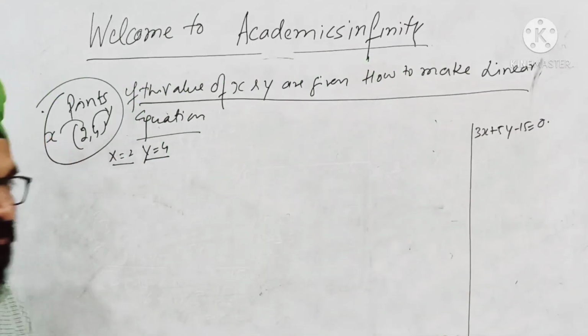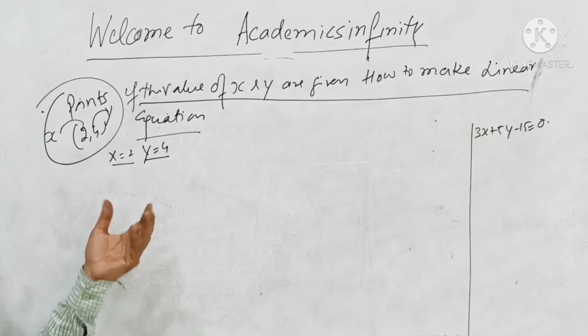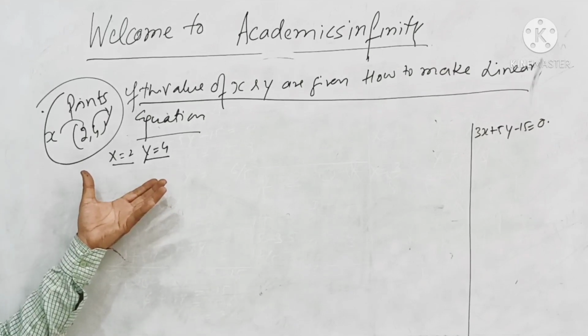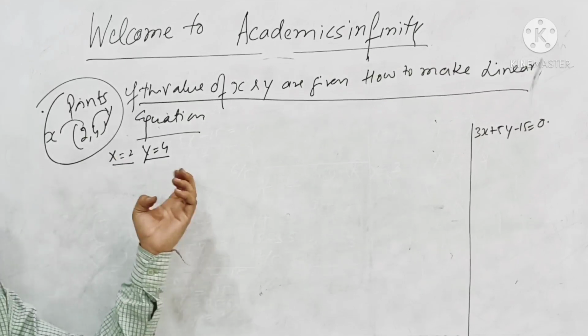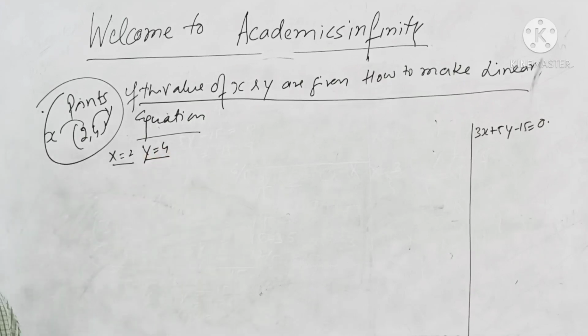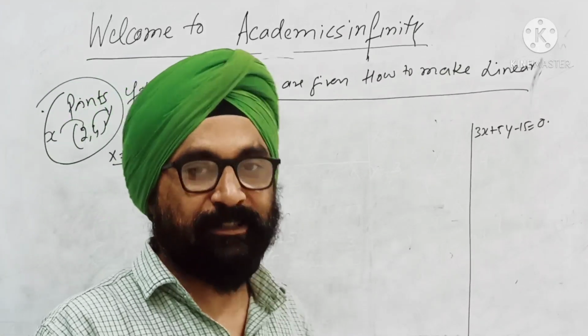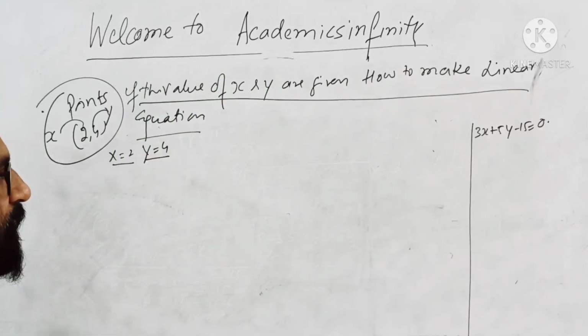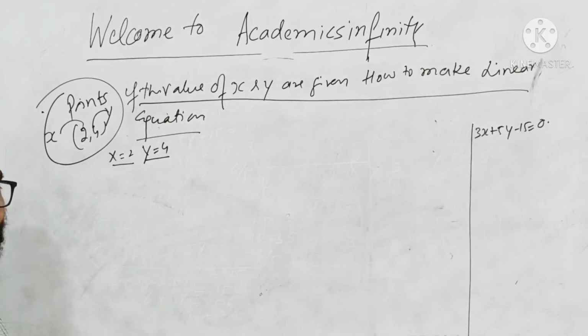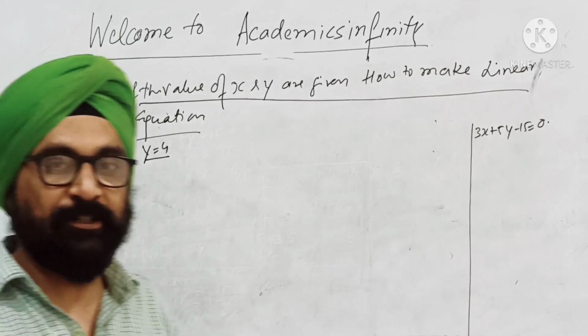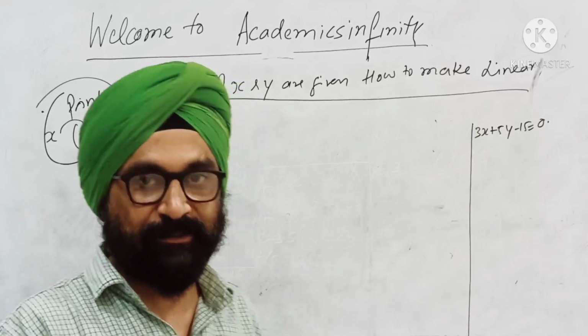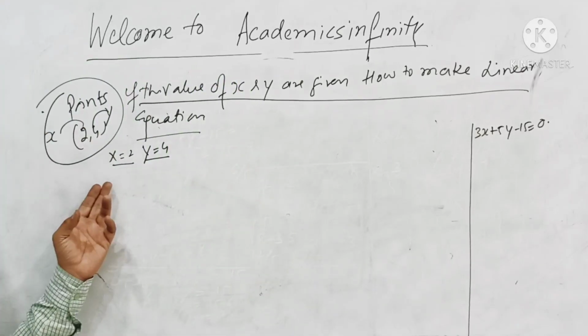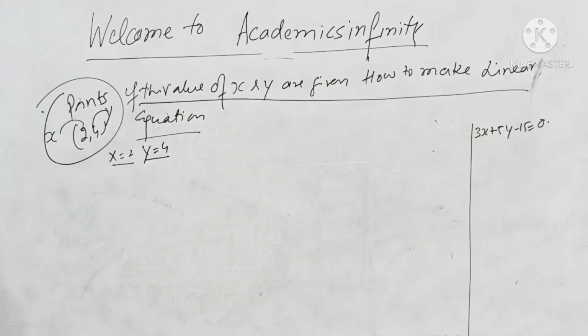How many linear equations can you make when the value of x is 2 and the value of y is 4? Infinite. In the same way, if the values of x and y are given, the linear equations are also infinite.